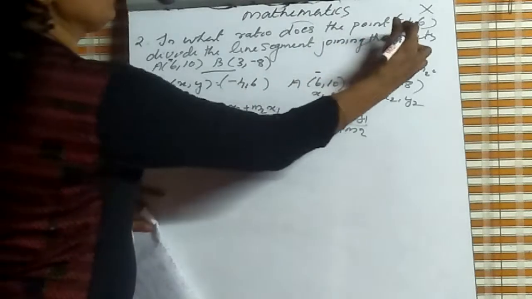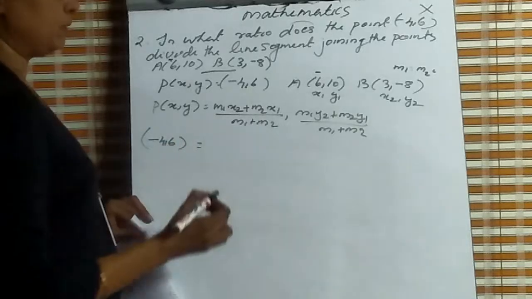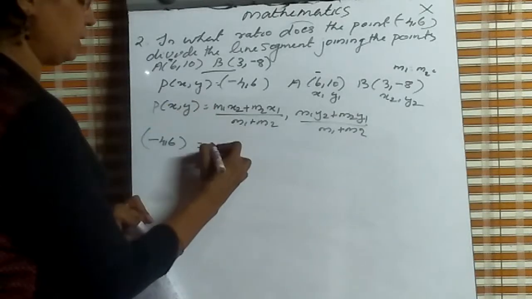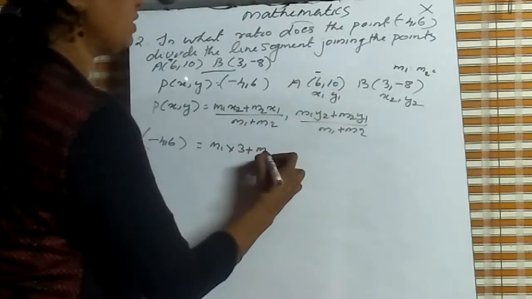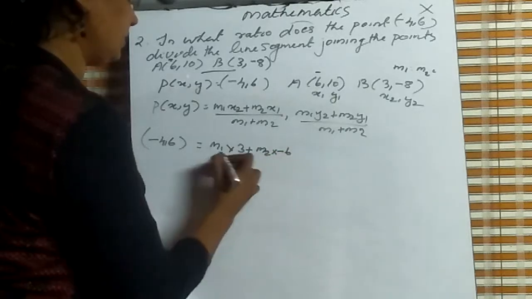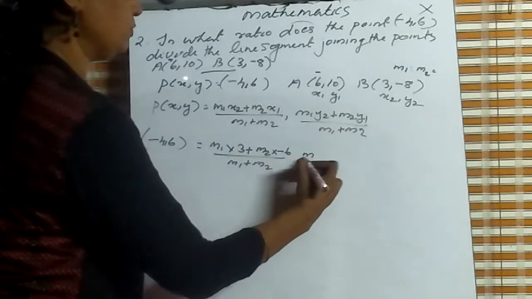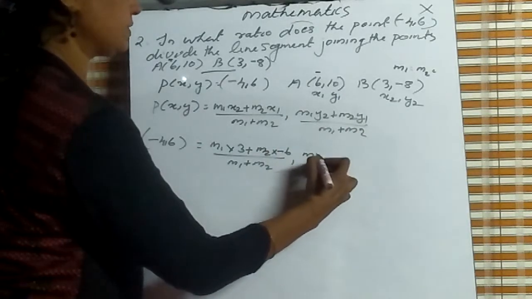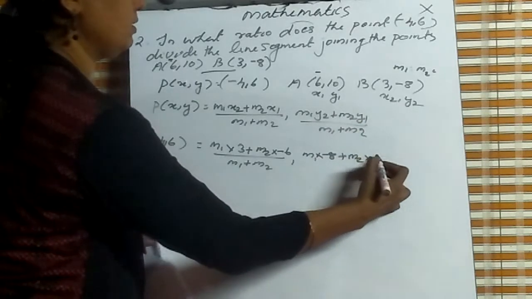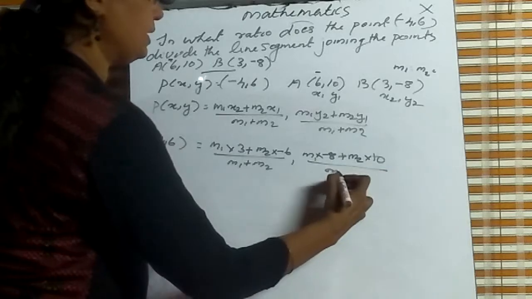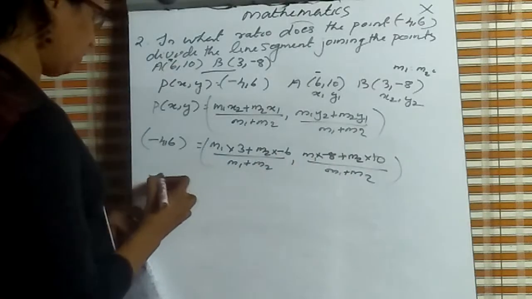In this, P(x, y) is (minus 4, 6), which is given. We have to find m1 is to m2. For that, first m1 into x2 3 plus m2 into x1 minus 6 by m1 plus m2. Here m1 into y2 minus 8 plus m2 into y1 10 divided by m1 plus m2, equals (minus 4, 6).